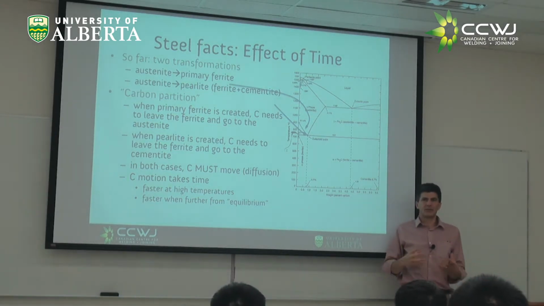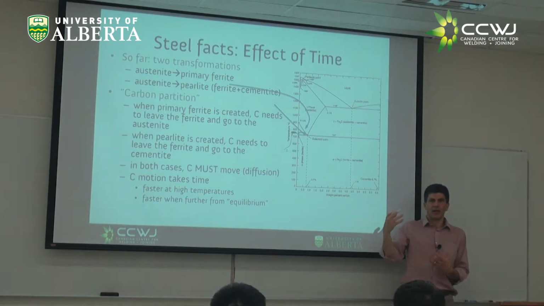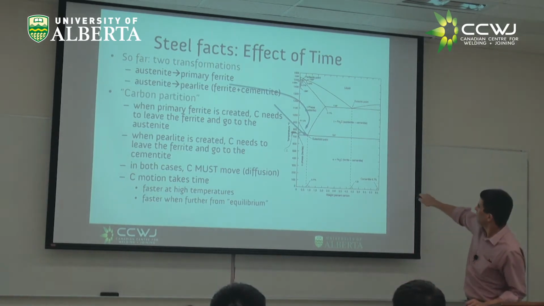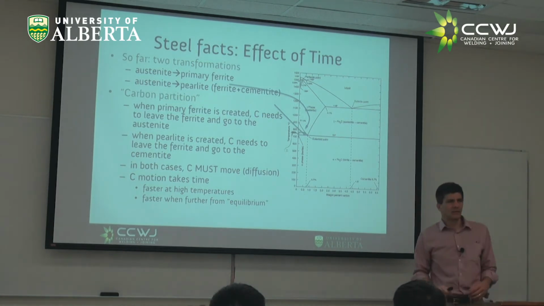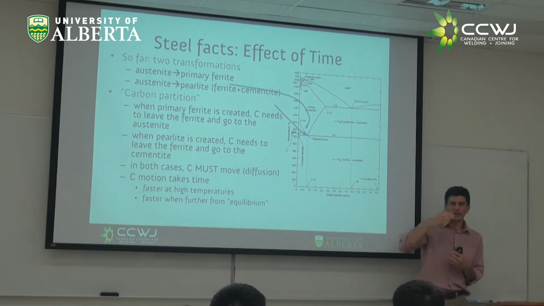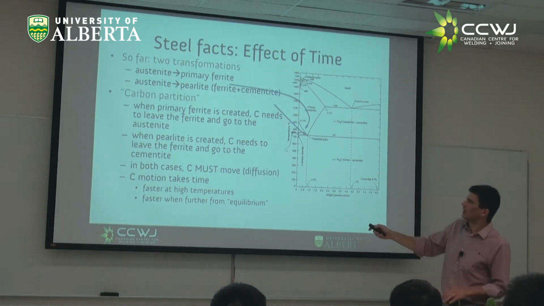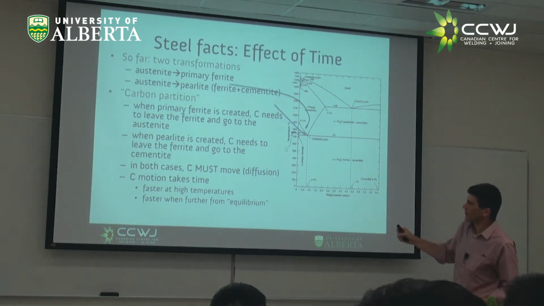I start having ferrite that has this BCC structure, but this ferrite has to spit out the carbon and has to form the cementite. So there are chemical reactions, the formation of cementite, and there is diffusion; the carbon needs to get out of the crystalline structure of ferrite. And so this is what is called carbon partition.